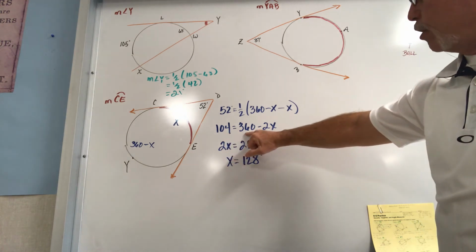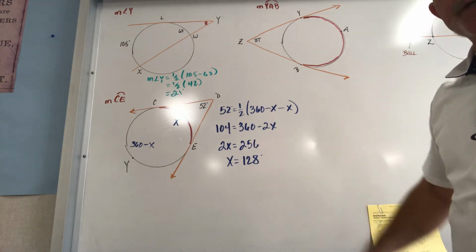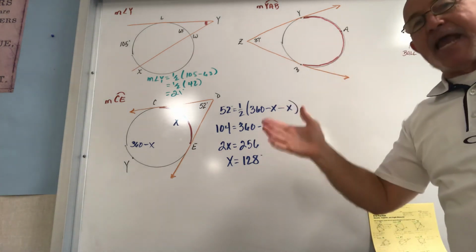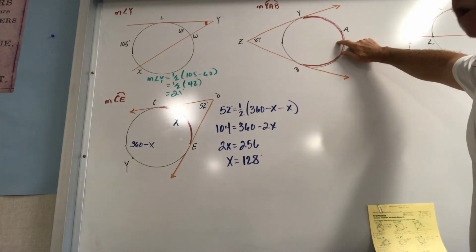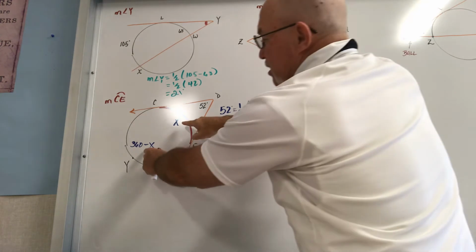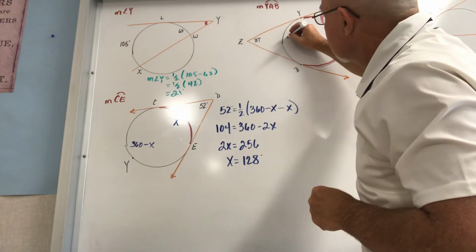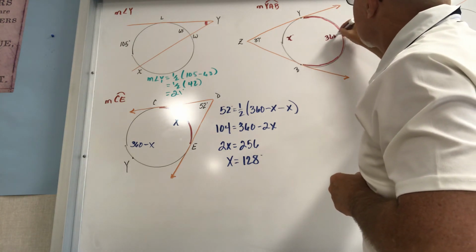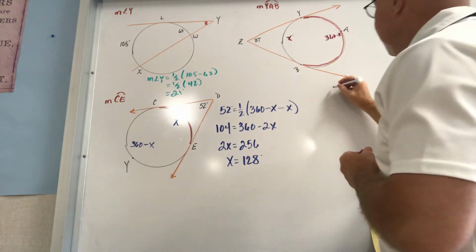I subtracted the 104 right there. Divide both sides by 2. Same principle, only in this case I need the large arc. I'm going to use these exact same representations. There's my x. There's 360 minus x. 37 is there.